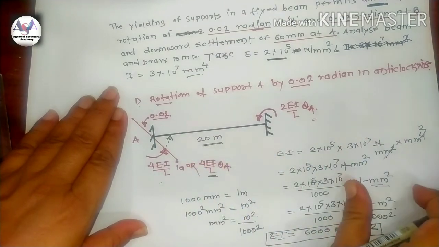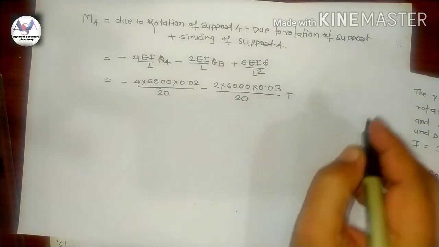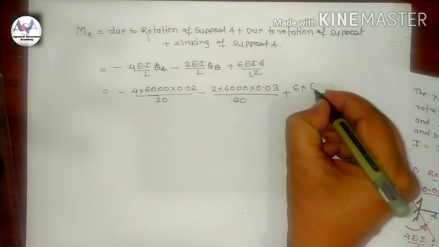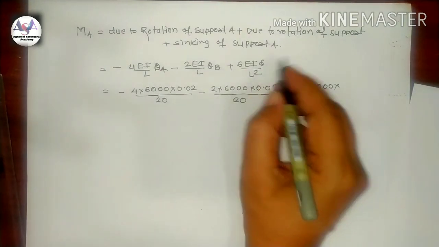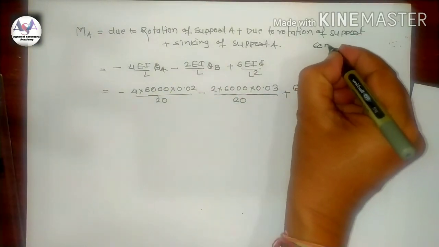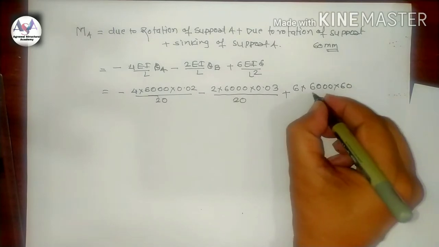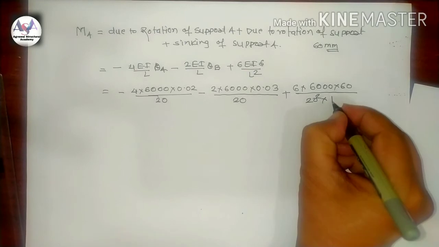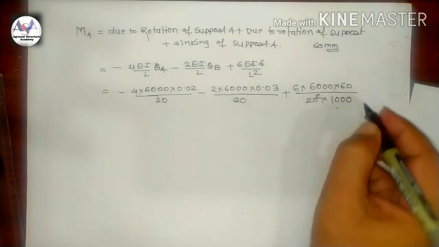This L is 20 meter. Then plus 6 into EI, that is 6000, into delta. Delta is given as 60 mm, and we have to convert it into meter. So 60 into 20 square into the 1000, so that becomes the value in meter.